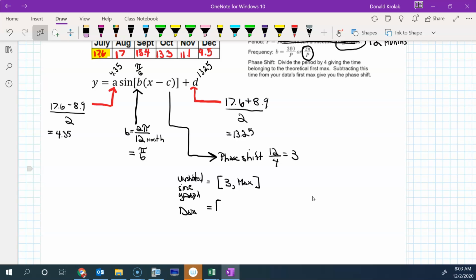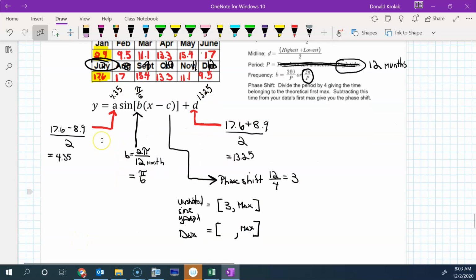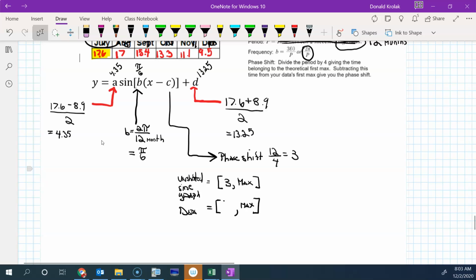But in our data, when is the first max? This is month 1, 2, 3, 4, 5, 6, 7, 8, 9, 10, 11, 12. So our first max occurs at 7 months.